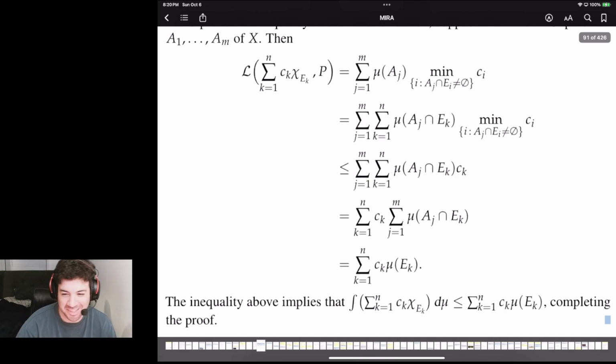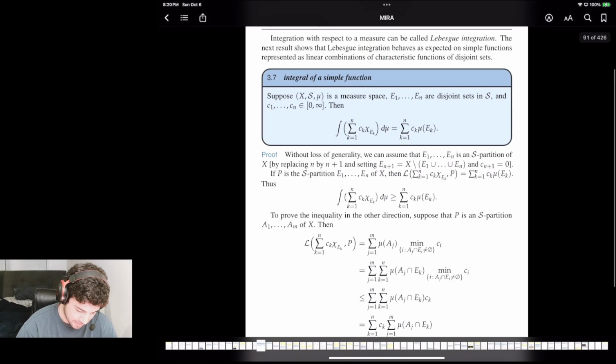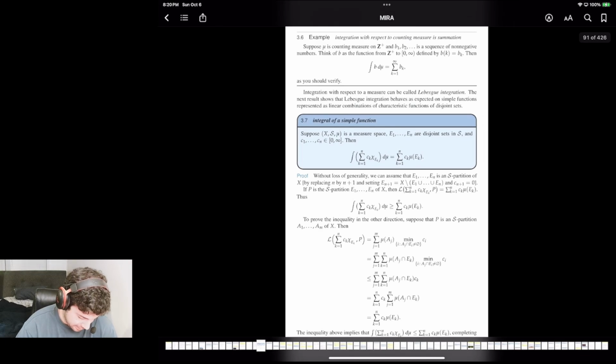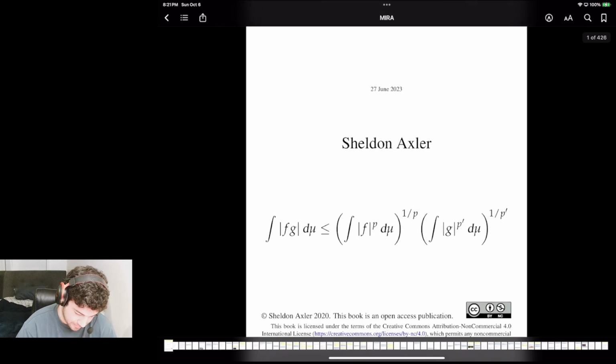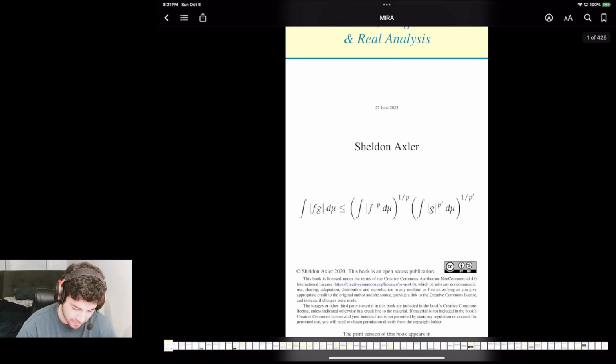But yeah, I'm working on some measure theory right now. I'm on integration, specifically integration of simple functions. For reference, this is the Axler book, Axler's introduction to measure theory, integration, etc.